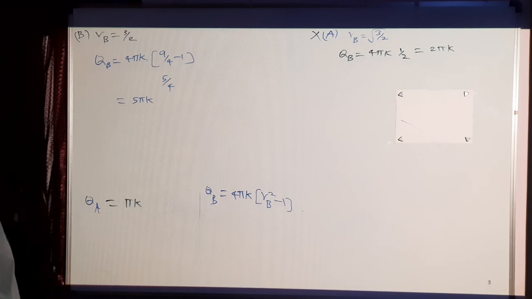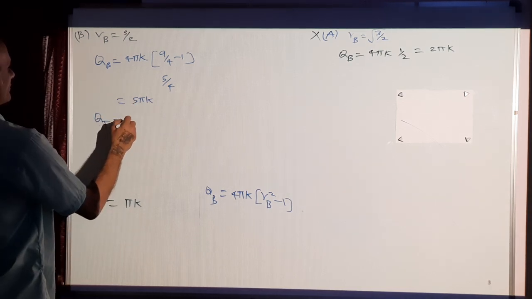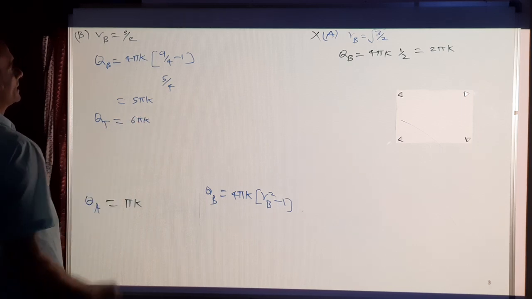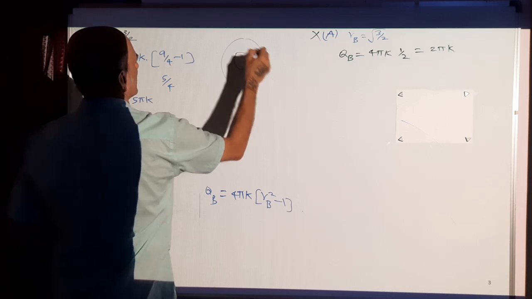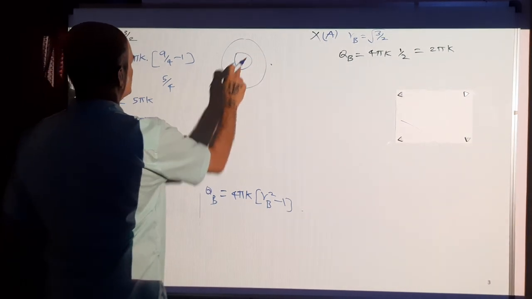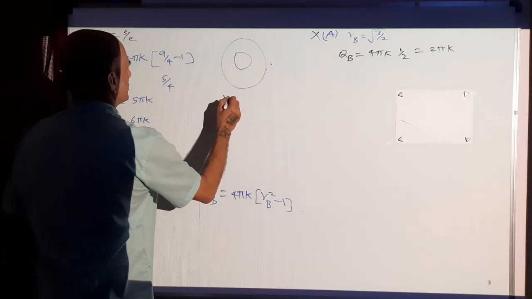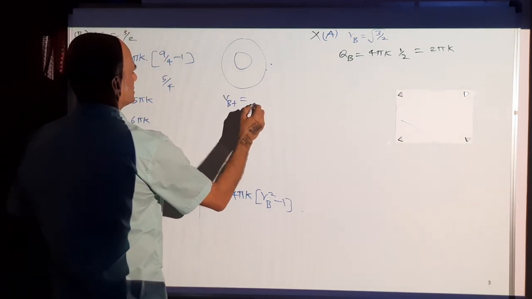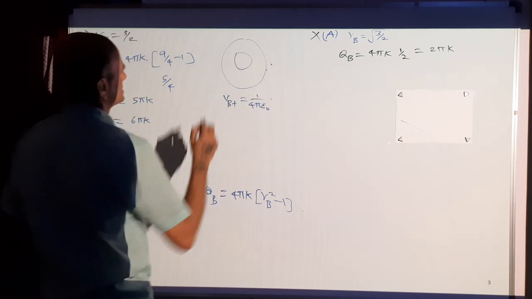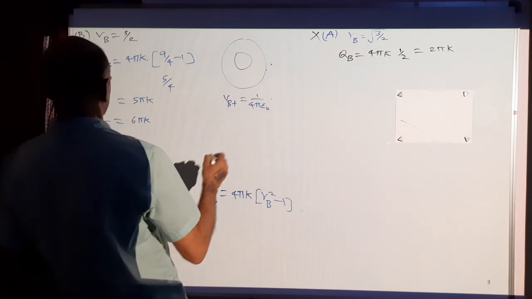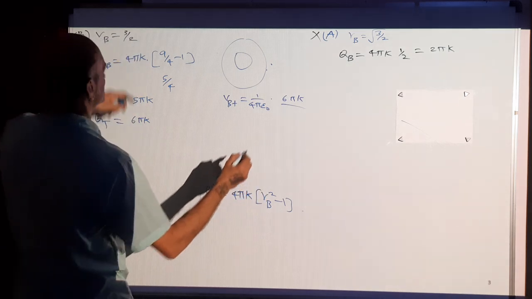And the inner sphere has got charge pi k. So the total charge is pi k plus 5 pi k, that is 6 pi k. So for the potential outside, the whole thing has to be made as a point charge here. So the potential just outside B is K, 1 by 4 pi epsilon naught, into the charge as a point charge in the middle, which will be 6 pi k, and the distance is RB, which is 3 by 2.